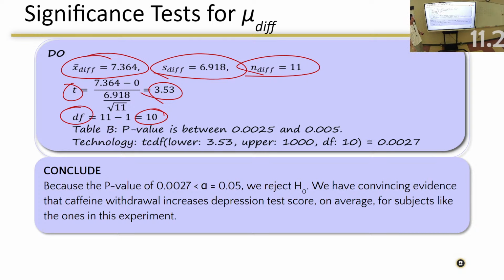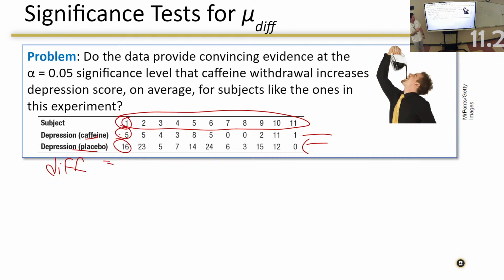They use the table. I don't know why they would use the table, but it's somewhere between that and that. Because the p-value is less than alpha, you reject the null. You do have convincing evidence. And again, I do have evidence that the caffeine withdrawal increases depression score.